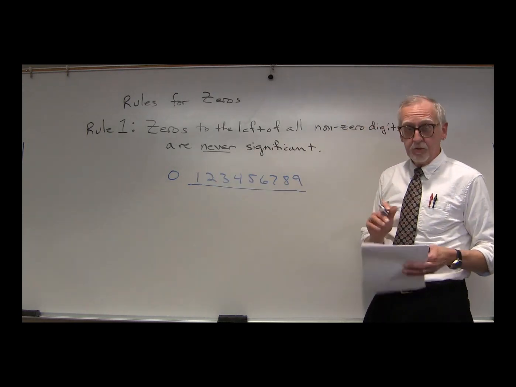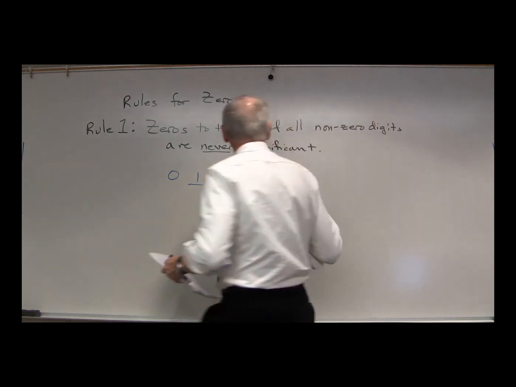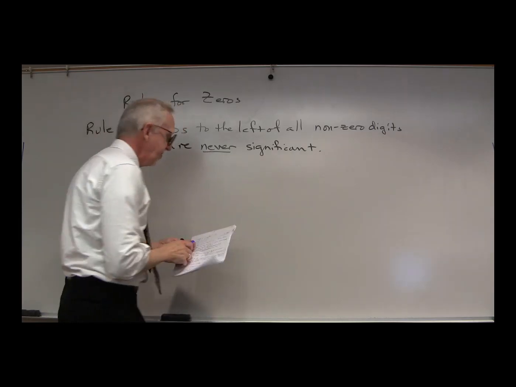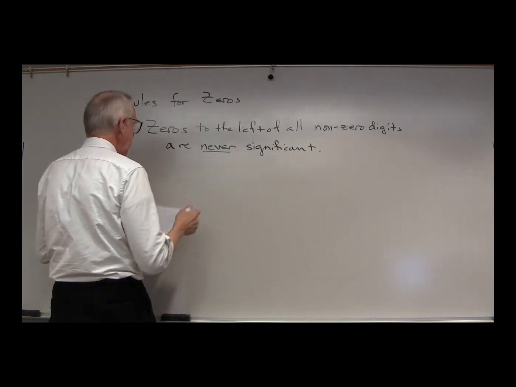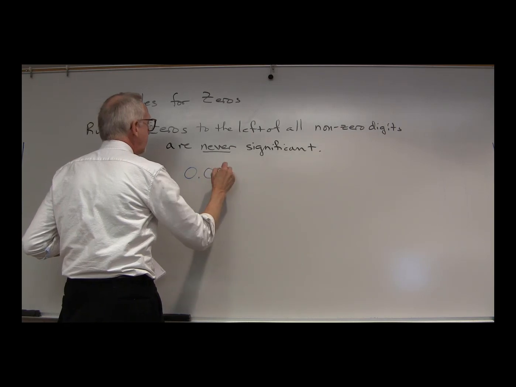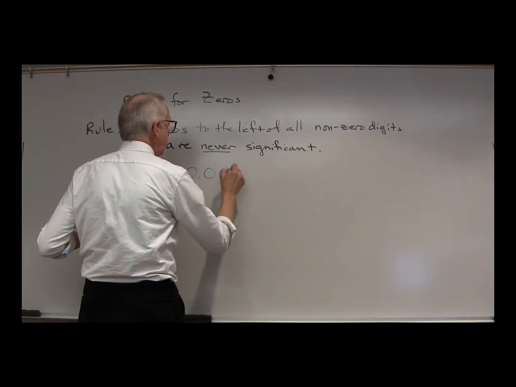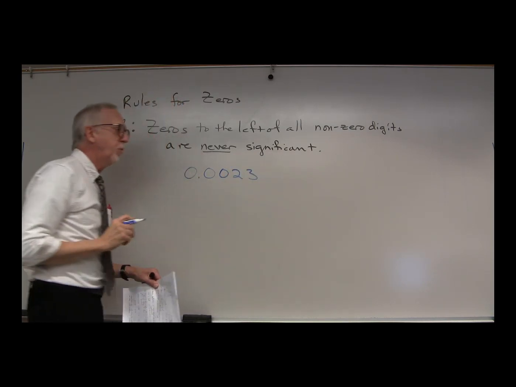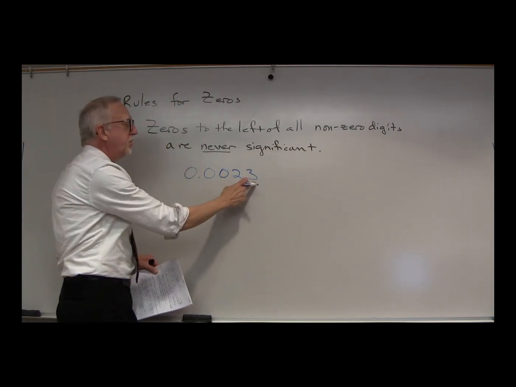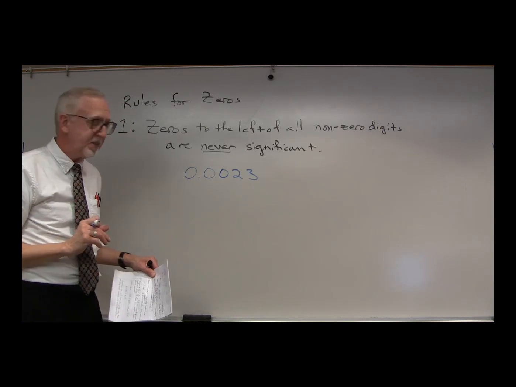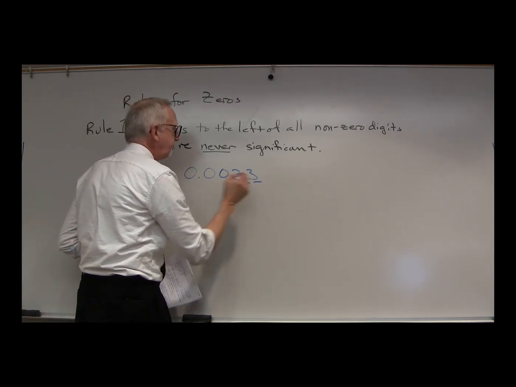What about the zeros? Well, let's imagine we have a number like 0.0023. The 2 and the 3, those are non-zero digits, those are significant.